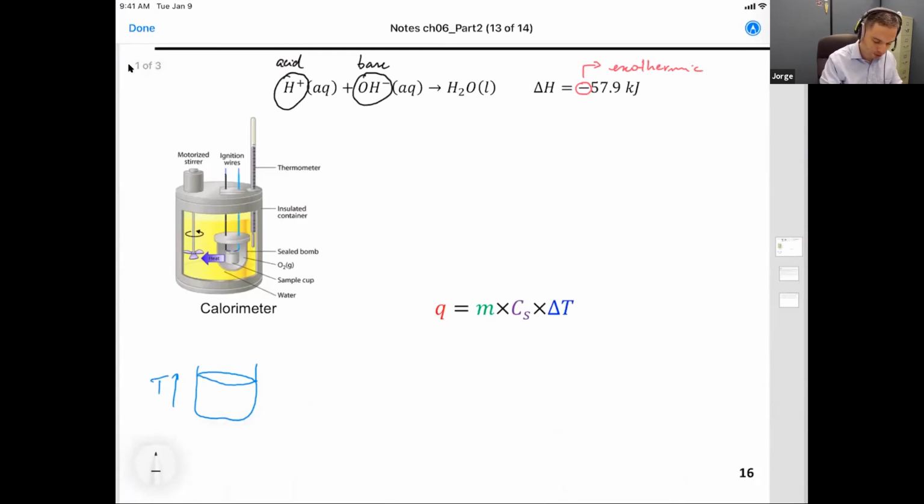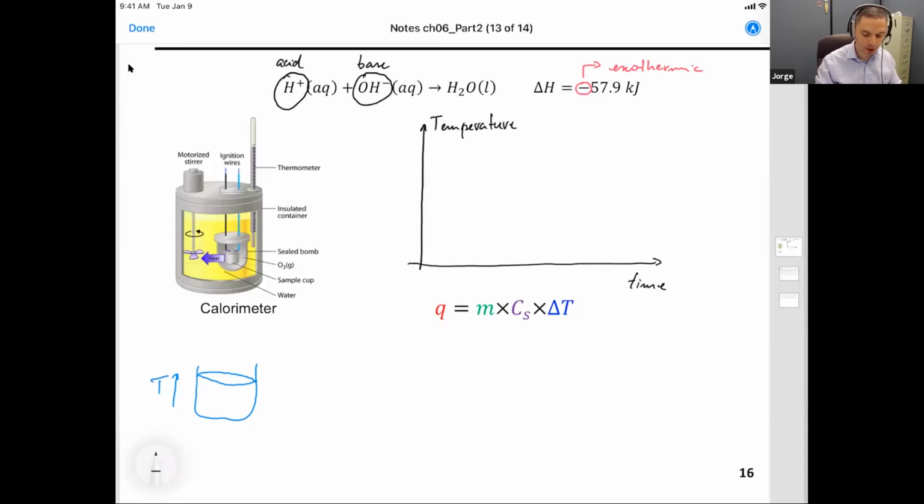So now let's draw a graph where the y-axis is going to be labeled as temperature and the x-axis is going to be labeled as time. Here we are going to monitor the temperature of the water as a function of time. Starting at time equals 0, we start here with an initial temperature.